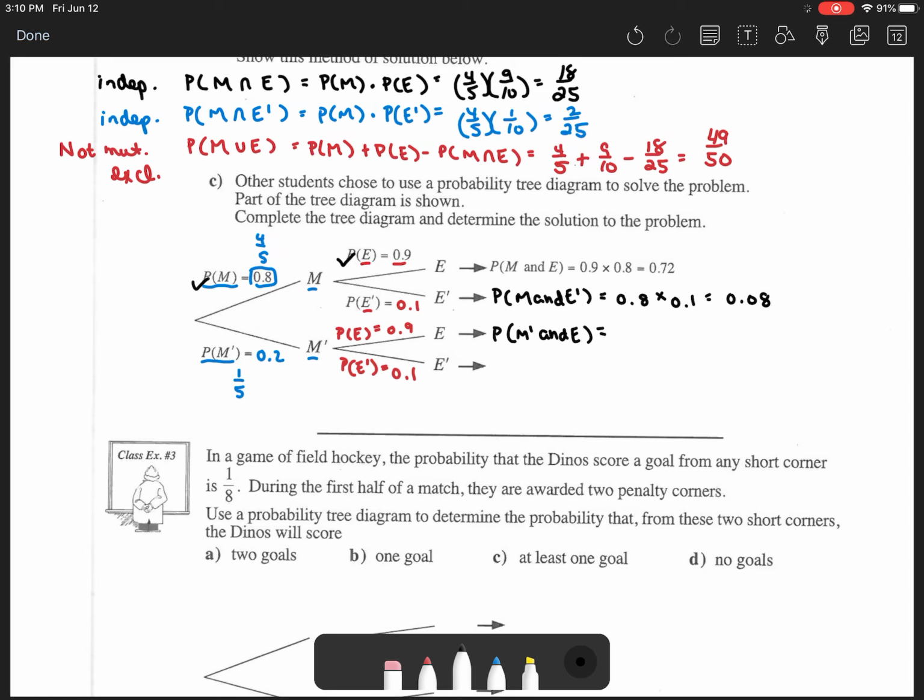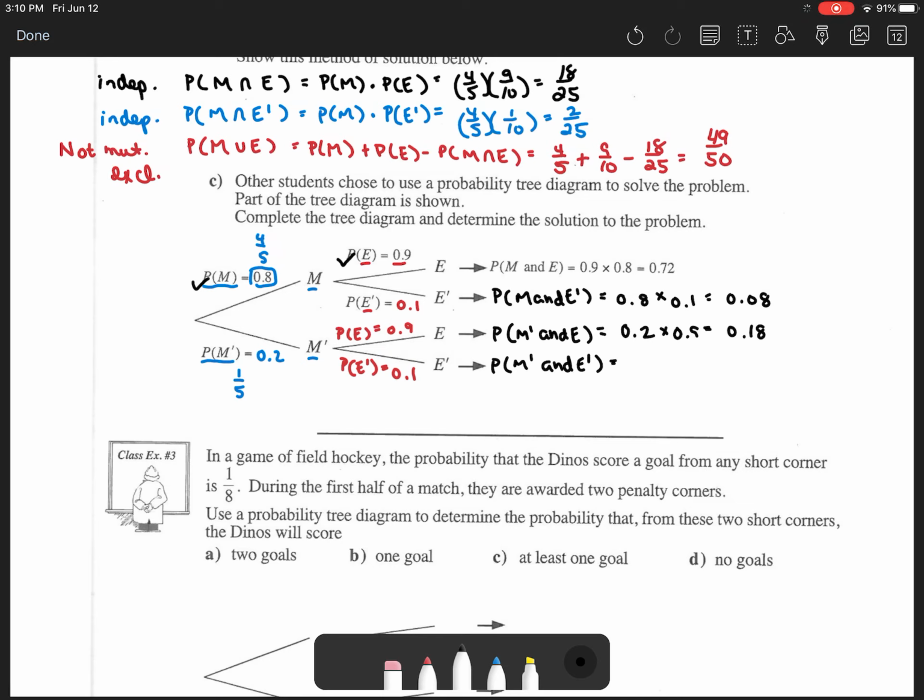So in that case, when I follow those probabilities and multiply them together, it's going to be 0.2 times 0.9, okay, and that'll be 0.18. Okay, and the last path here would be the probability of not math and not English.